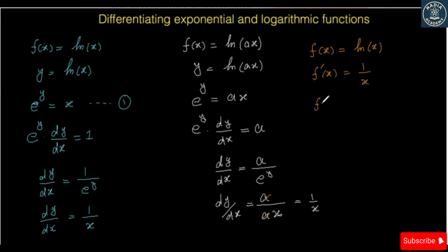And even if we have a function with natural log of ax, where a is a constant, then the derivative will still be the same, just 1 over x. So this is a very simple method and a very simple formula to remember the differentiation of logarithmic functions.